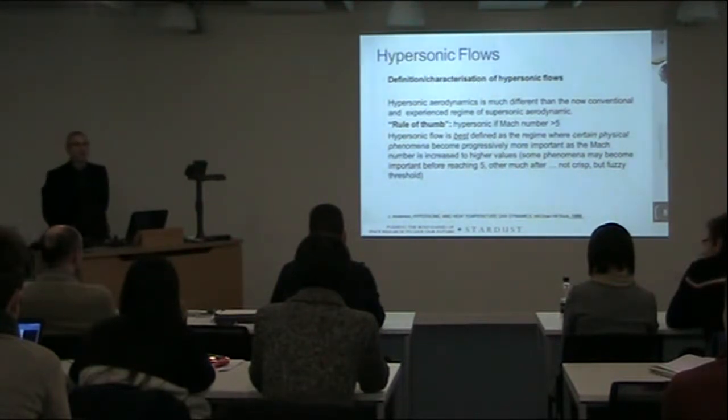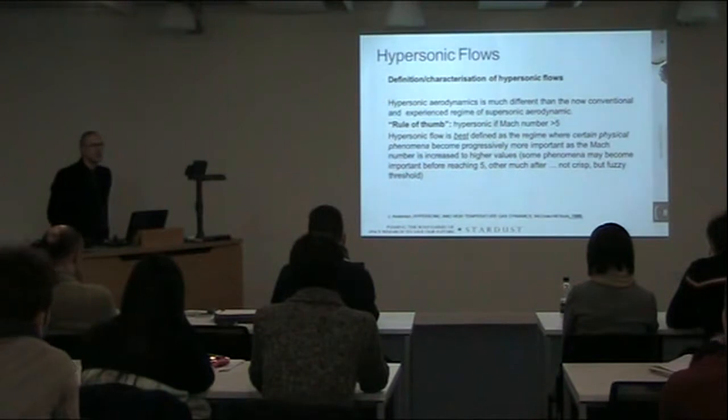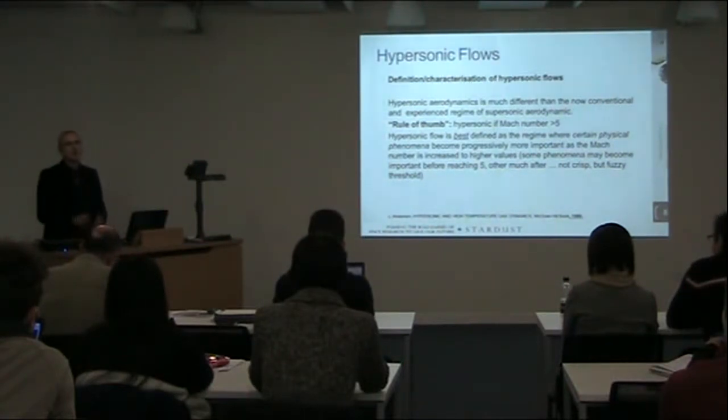So 5 is just a rule to simplify things, but there is no crisp rule to divide supersonic and hypersonic; there is what I call a fuzzy threshold. There is a buffer zone where below 3 you are for sure just supersonic, and above 7 or 8 you are for sure in hypersonic.